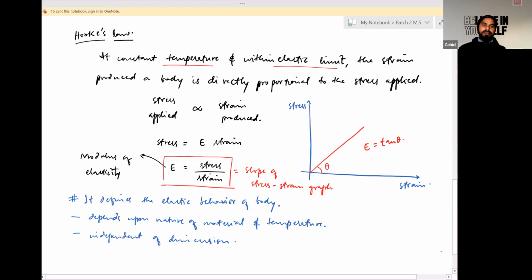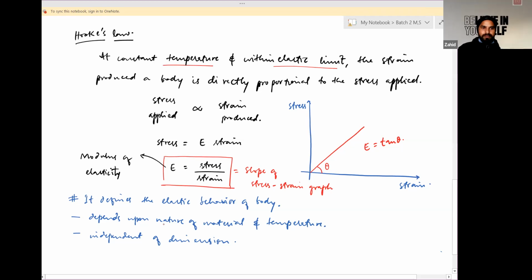It is nothing but perpendicular by base, which equals tan theta, equivalent to the slope of this graph. So the slope of a stress strain curve will define modulus of elasticity, which equals tan theta. Is it clear now? Yes, sir.